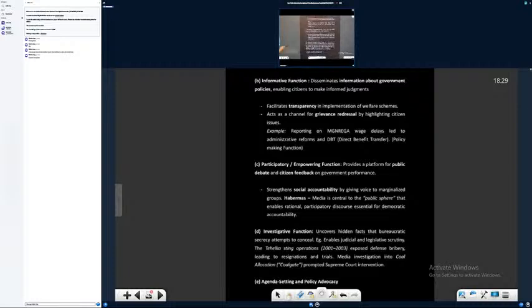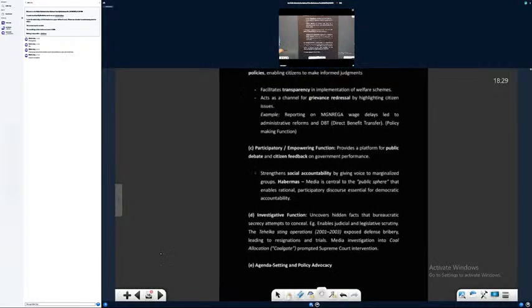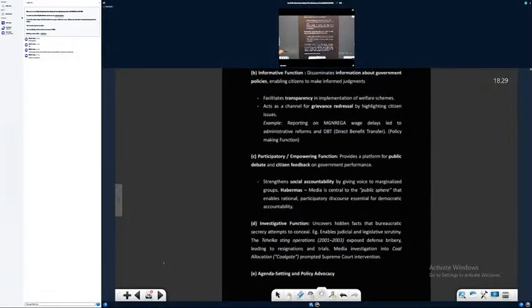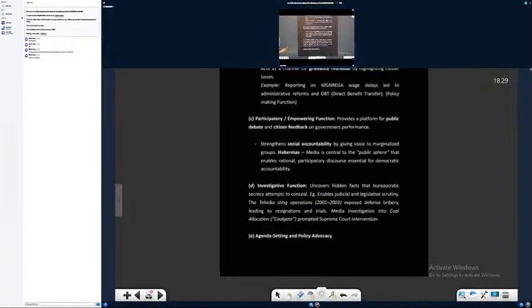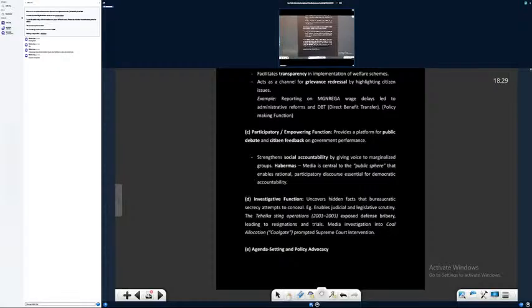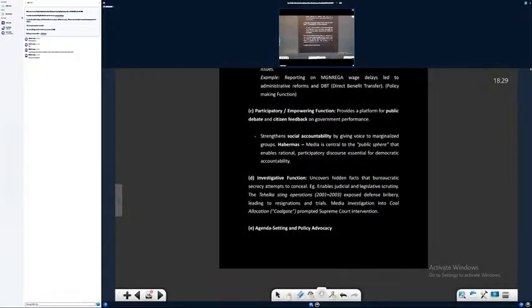Then there is the investigative function. See, I have given the example of Jürgen Habermas's public sphere, that media creates a particular conducive condition where that sphere is called public sphere. Okay. Similarly, there is something called investigative function, that people are investigating.